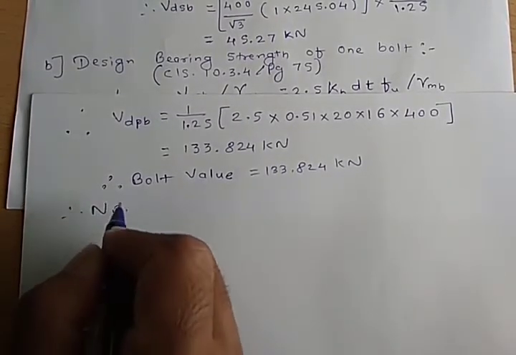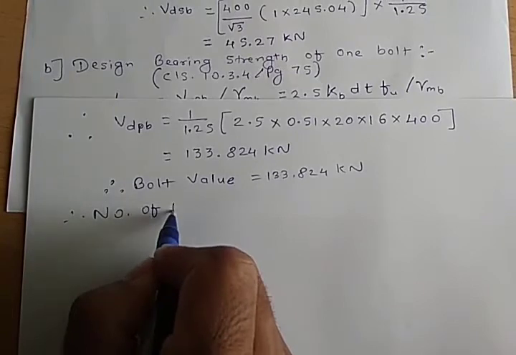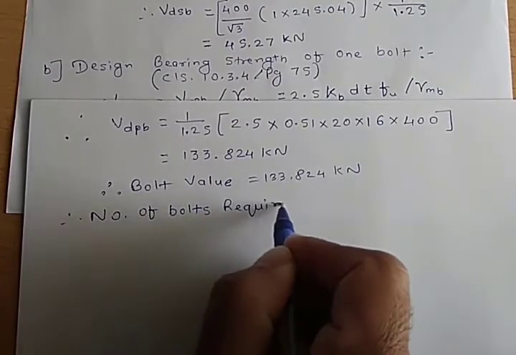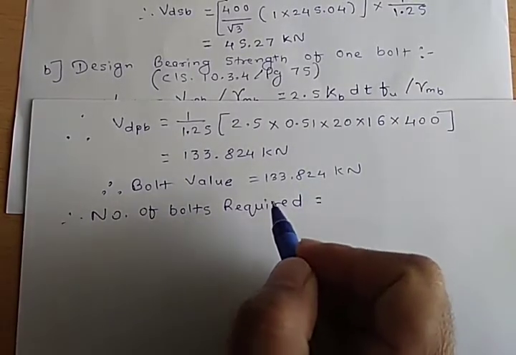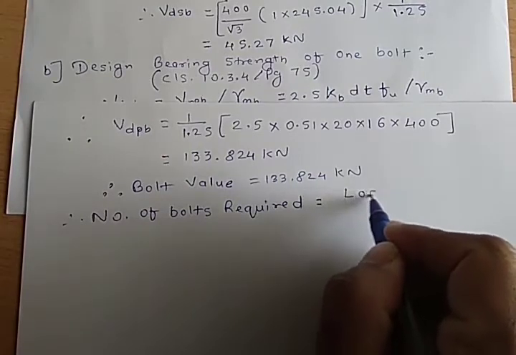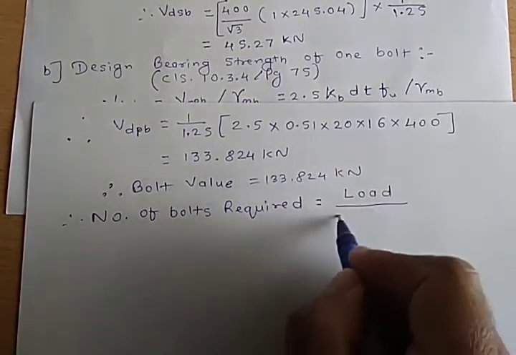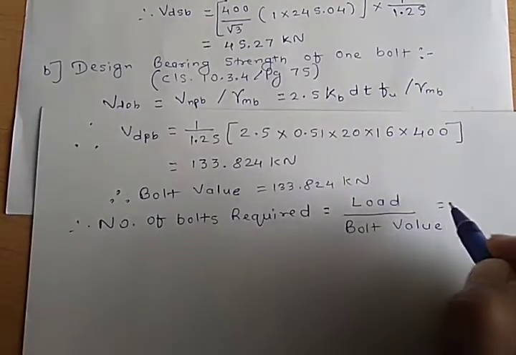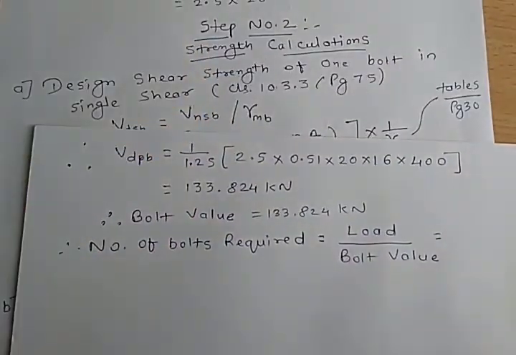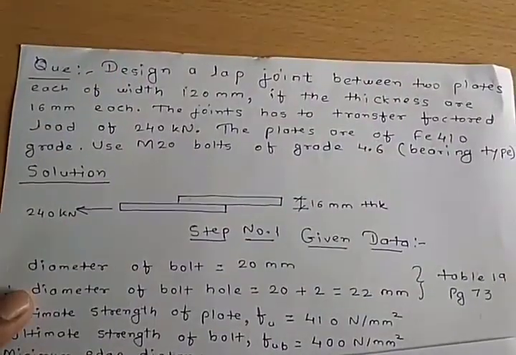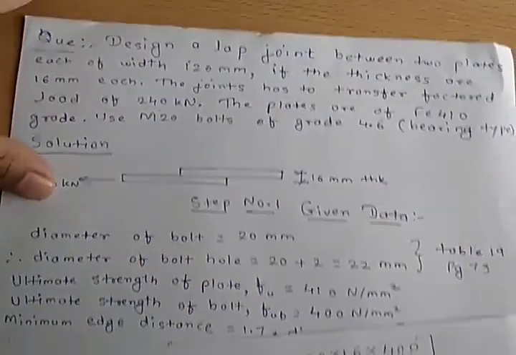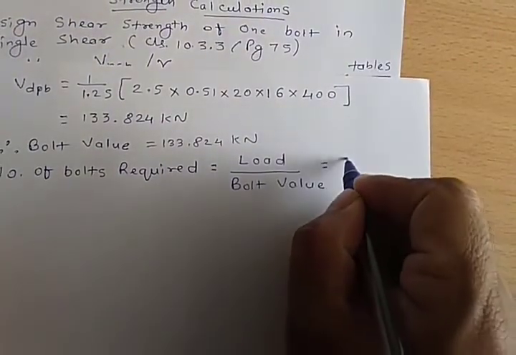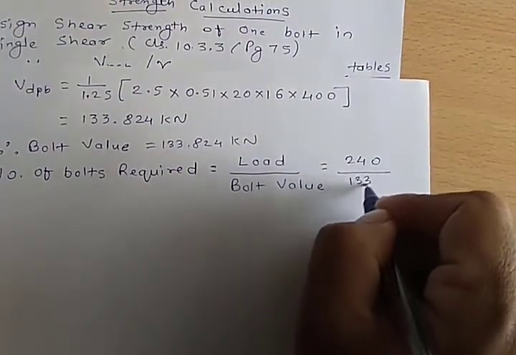Therefore now we can calculate the number of bolts required, and that equals load divided by bolt value. The load is to be taken from the problem, and in the problem the load is already given, 240 kilonewton. So that is 240 divided by bolt value 133.824.